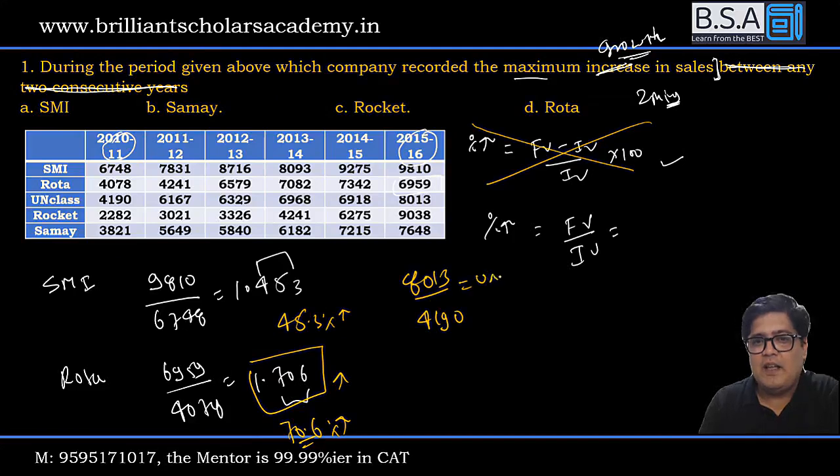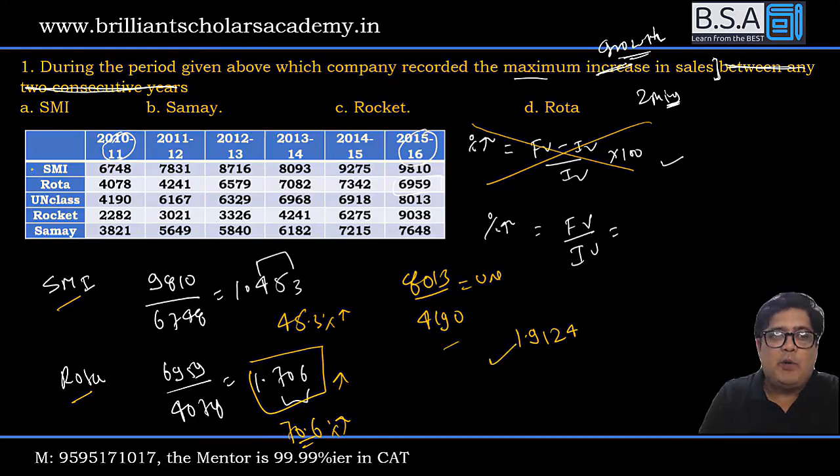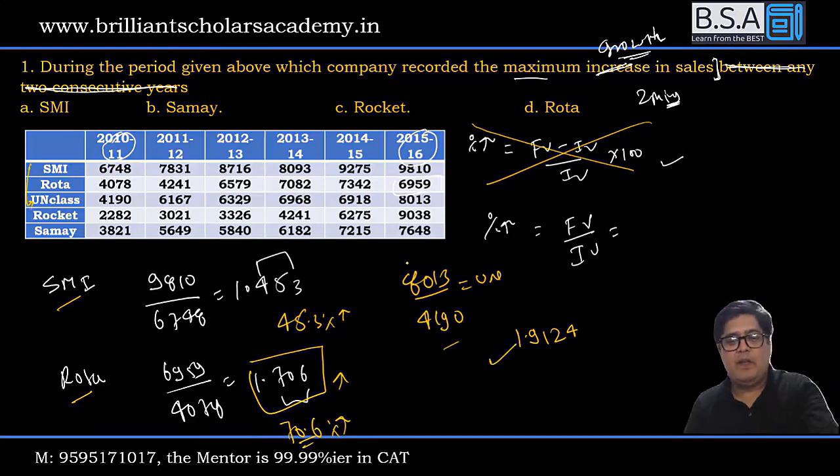Use the calculator directly. 8013 divided by 4190. How much do we have? We have 1.9124. So which is more? Is SMI more, Rota more, or Unclasses more? Unclasses is the highest up to this point.